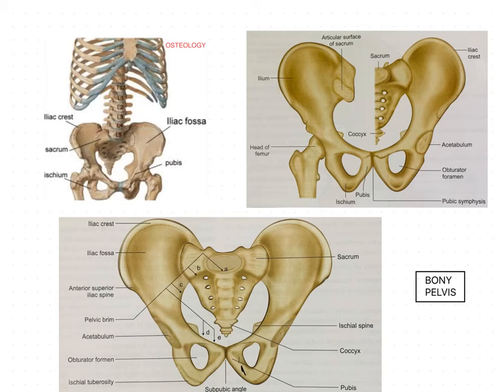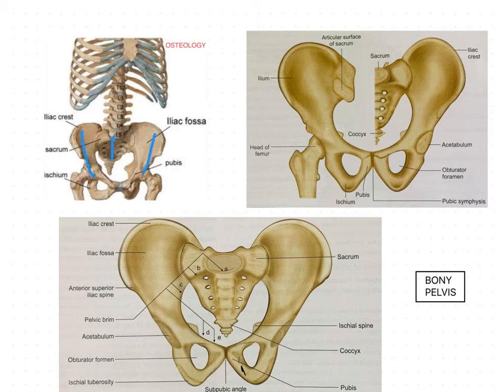Now we are going to see how this bony pelvis is formed. The bony pelvis, which is the skeleton of the lower abdomen, is formed by the hip bones and the sacrum. So these are the hip bones and another one is the sacrum.